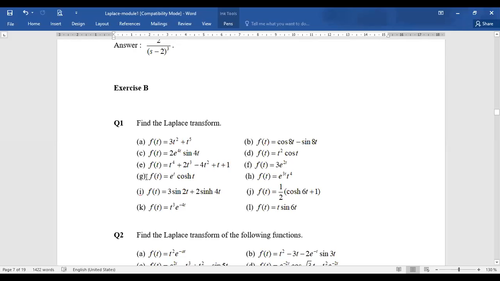Cuba buat soalan nombor 1C, 1C and 1H. Okay? 1C and 1H.